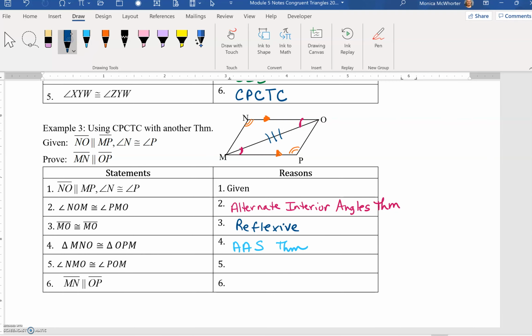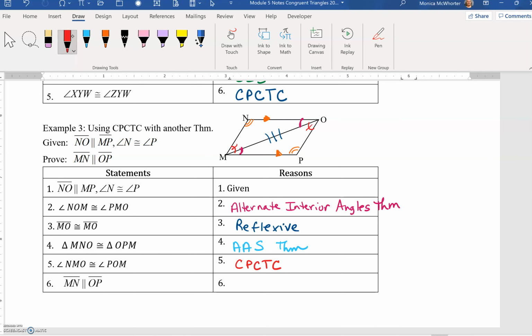And then because of angle-side, we know that angle NMO, which is this angle, and actually I'm going to mark it differently, is congruent to angle POM, and we know that by corresponding parts of congruent triangles are congruent.